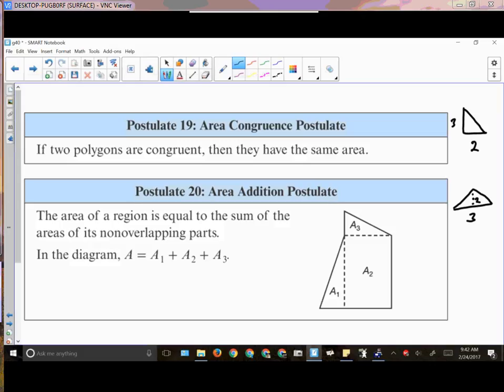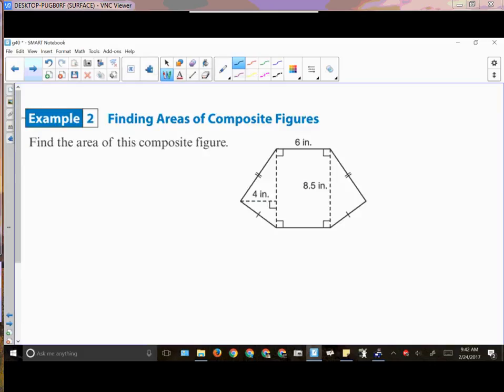The area addition postulate just makes sense because you have the areas, you add them together, and you've got it. So, if I want to find the area of this figure, I notice here that these are marked so that they're congruent. Does that mean the triangle on the left is the same as the triangle on the right?